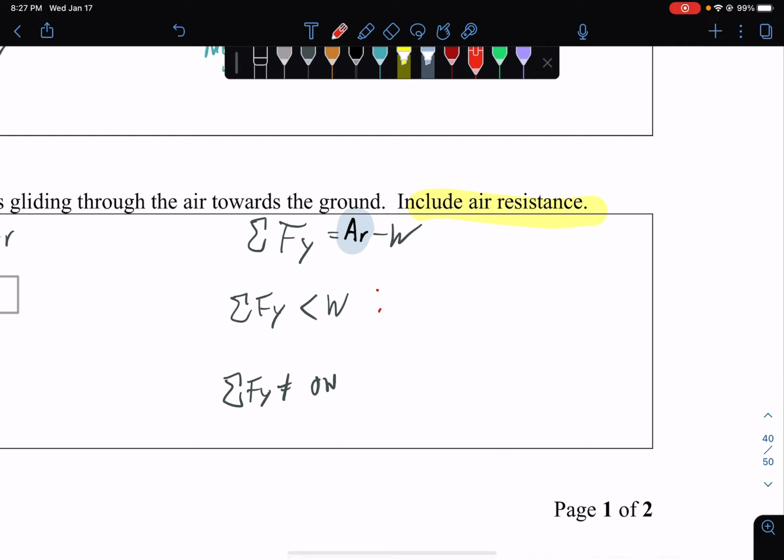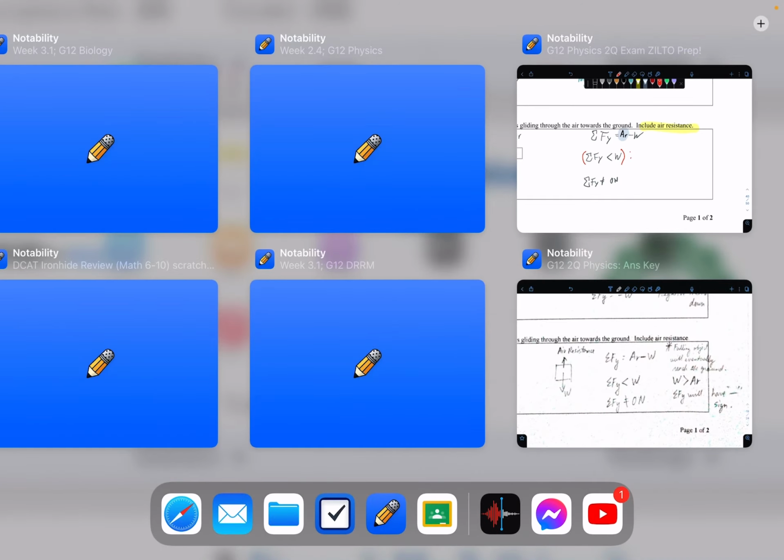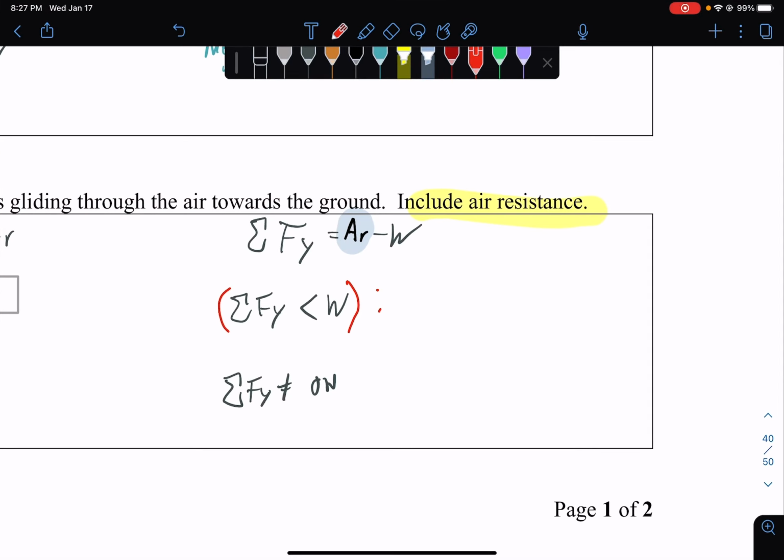So this particular expression, or inequality, is associated with the idea that the falling object will eventually hit the ground.